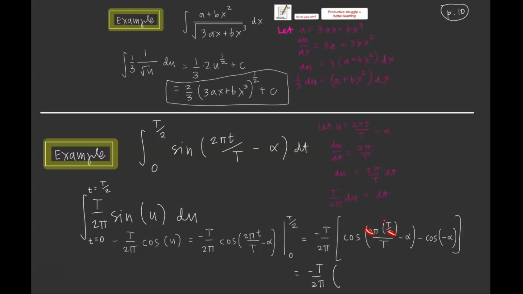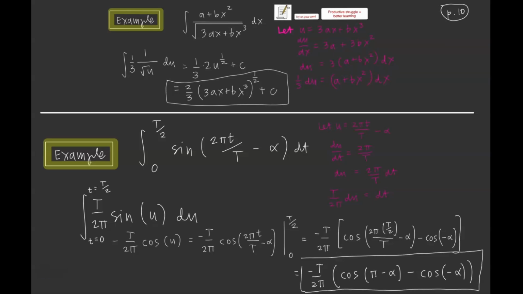These 2's will cancel, these T's will cancel, and I just have pi minus alpha. So cosine of pi minus alpha minus cosine of negative alpha. And so this is our solution. It doesn't look that beautiful, but it is a solution that only contains some constants. So if we knew what big T and what alpha were, we could evaluate this for a number.